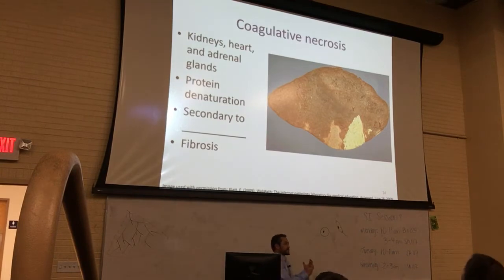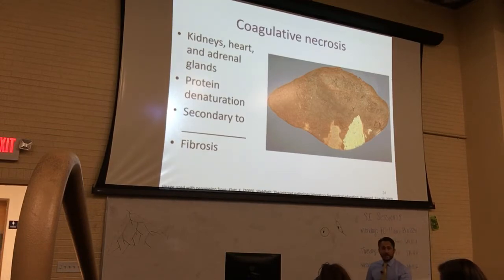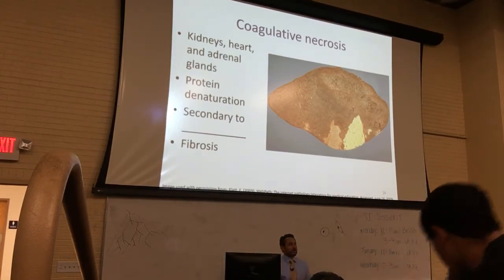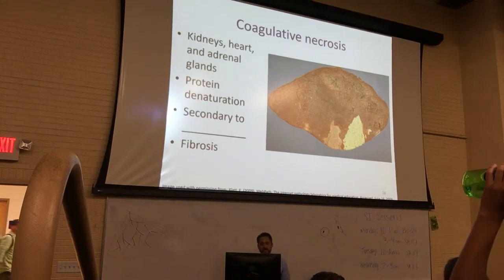So on the exam, if you saw this picture, you would know it was a splenic infarct, and you would know that it's a type of coagulative necrosis. You might see a multiple choice question about kidney or heart, adrenal glands, or the spleen, all being subject to coagulative style necrosis.